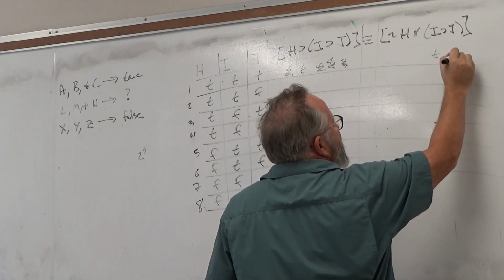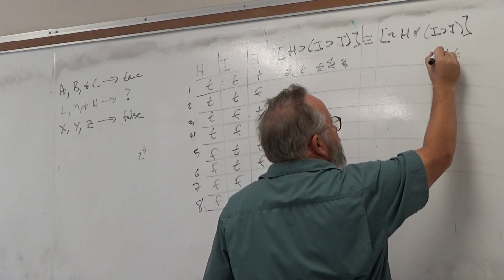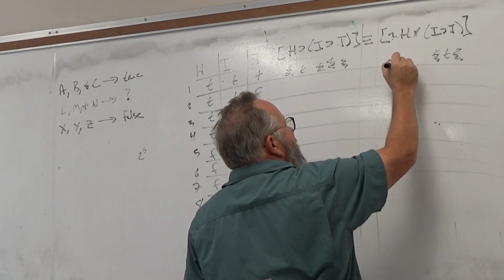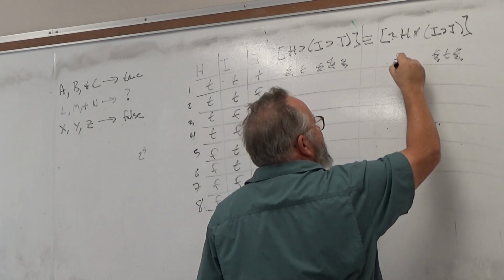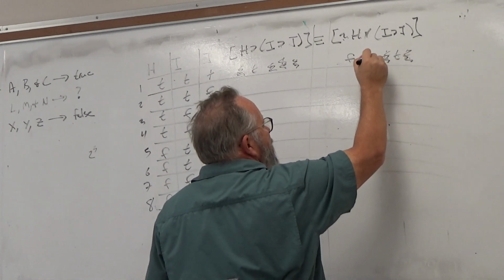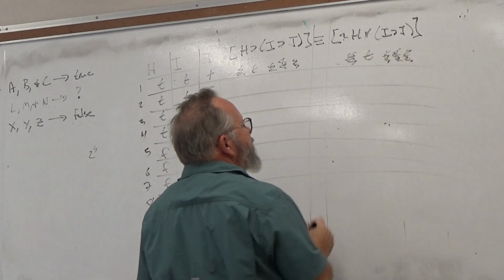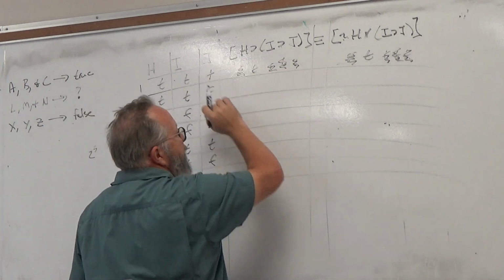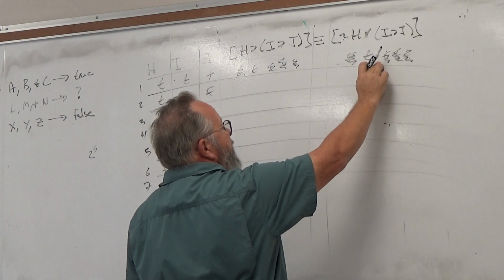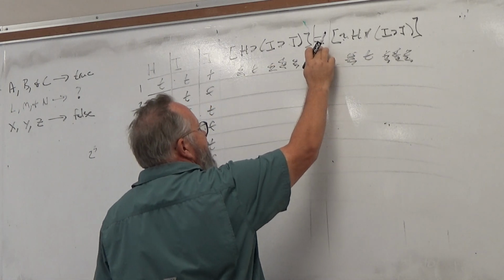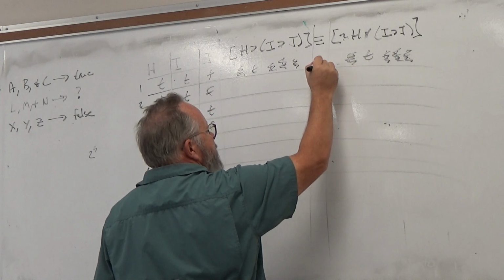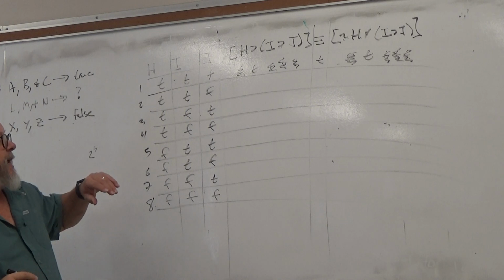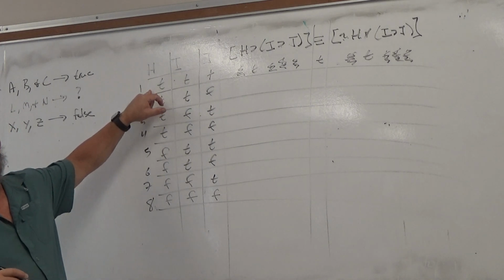I is true, J is true, so true, then true is true. H is true, so not H is false. So we have false or true, which is true. Okay. So this side of the biconditional is true on line 1, and this side is true on line 1, so we end up with true if and only if true, which is true. Okay, so we've solved that expression for interpretation number 1.